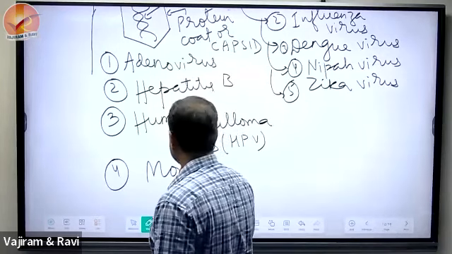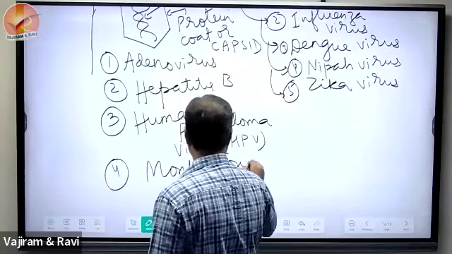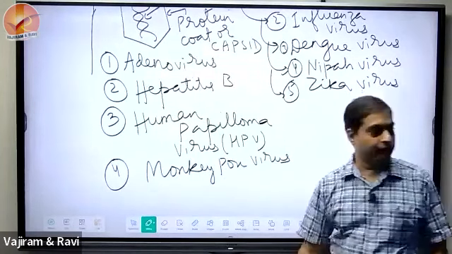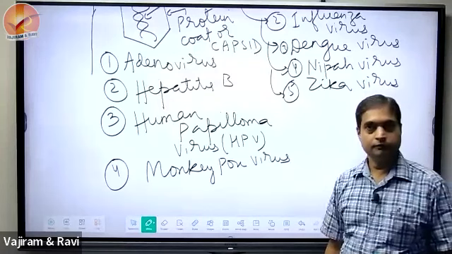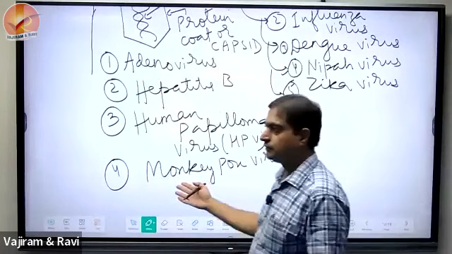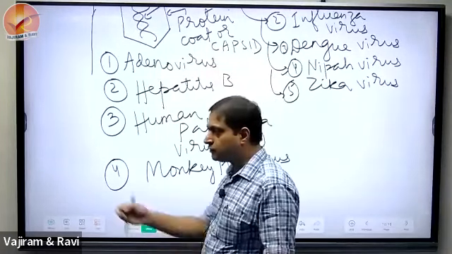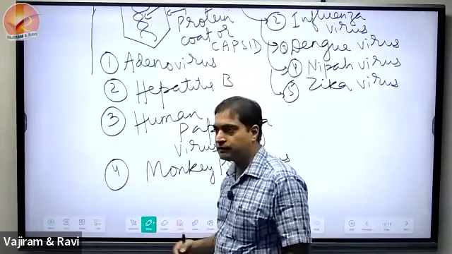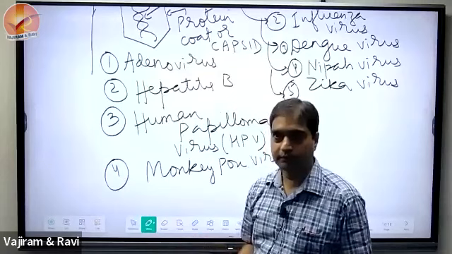Monkeypox virus. So this also comes under DNA virus, because this has been in current affairs. News has been repeated. So at least you should know it is what? A zoonotic virus, DNA virus. These are basic facts for the exam.